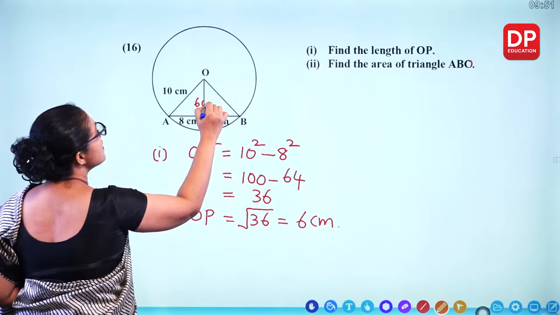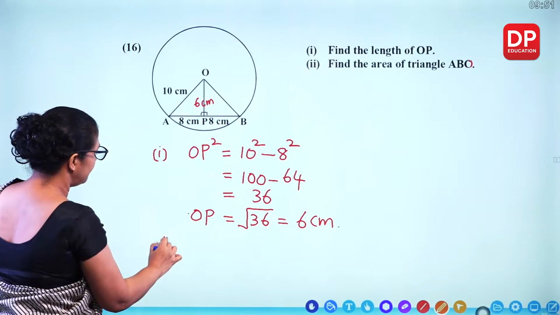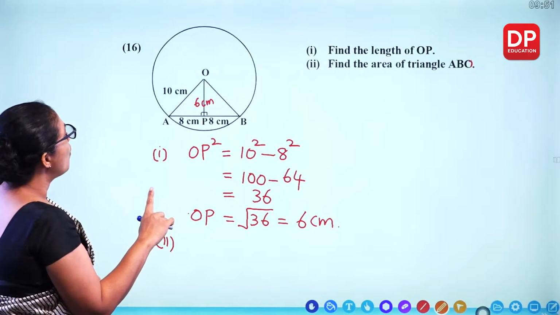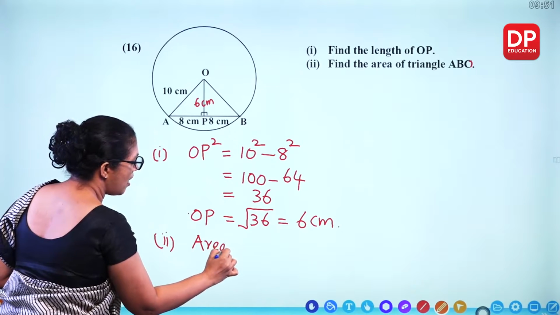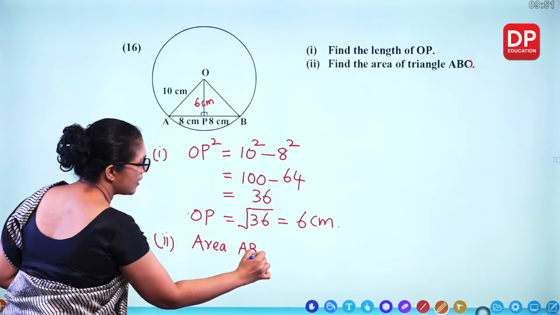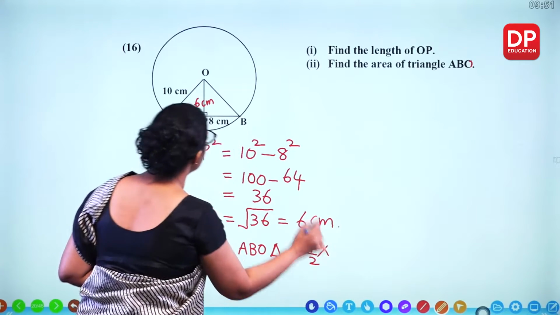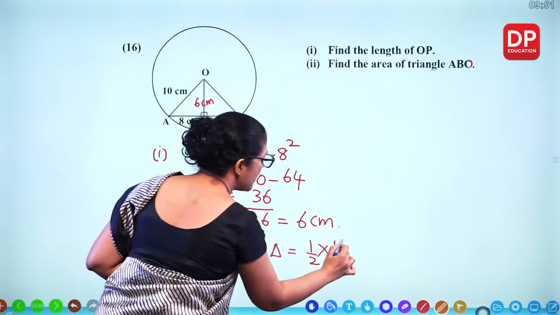Now we found out this is 6. So what's the area? Area of the triangle ABO. Area of ABO triangle is equal to half times base. Base is 8 and 8, 16.